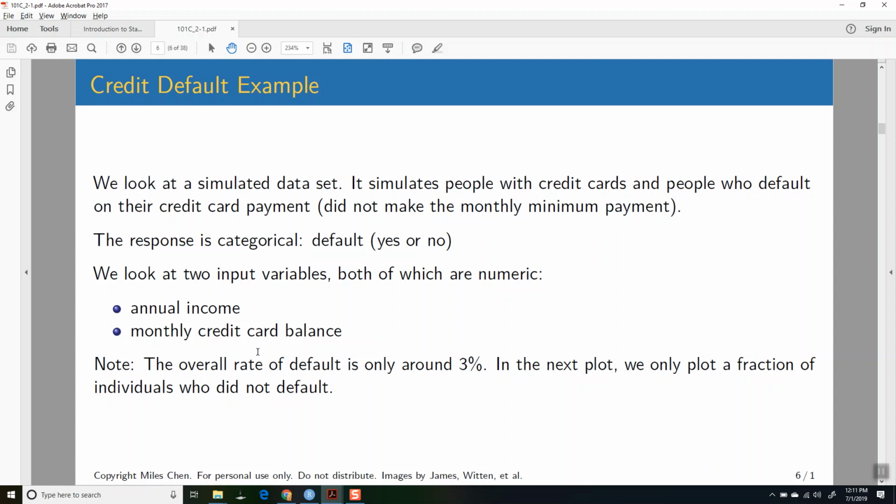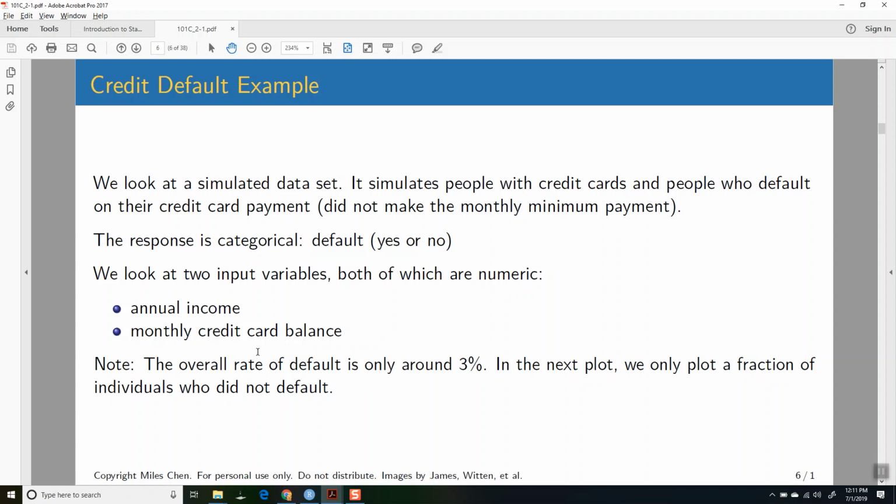I always think of default as the settings that come on your computer if you don't change anything. It's what happens if you take no action. If you take no action on paying your credit card, which in that case is a bad thing, you have defaulted on your payment. So default is yes or no. We don't want to default, but 3% of people do.